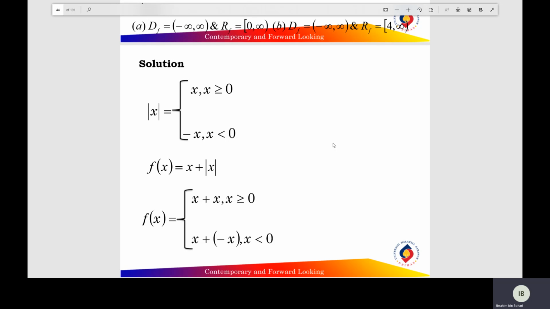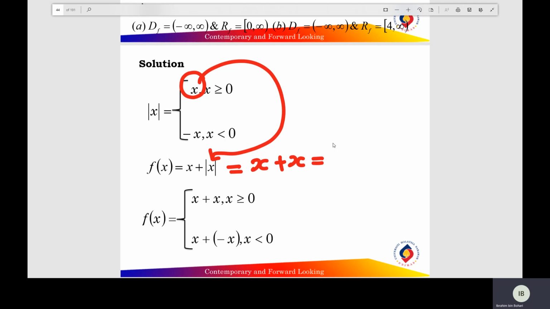Okay. And the first part of the function, when f(x) equals positive x, this function you substitute into f(x). So here it equals x plus x.